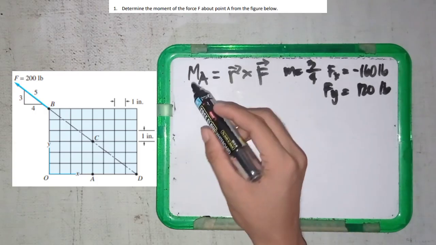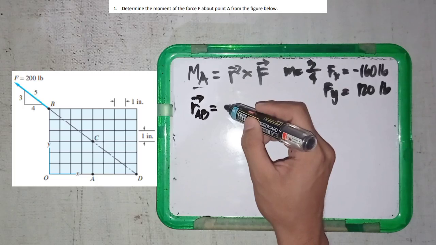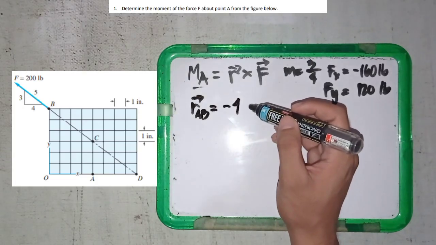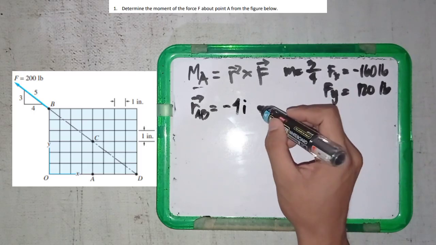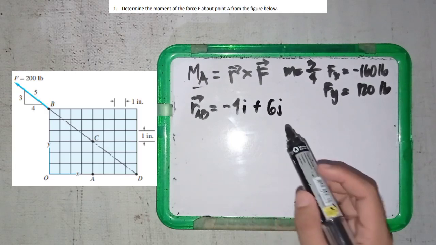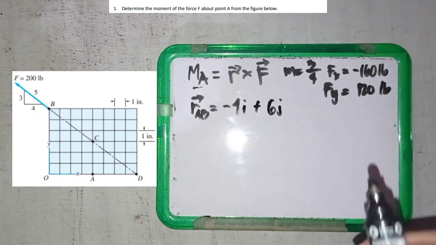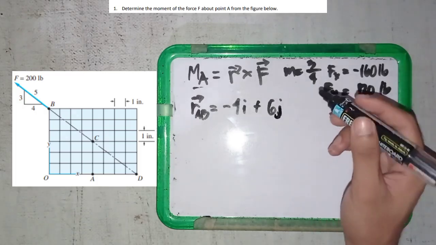So our r here is from point A to point B, negative 4. Why negative 4? Because it is going to the left from the x-axis. So negative 4i hat plus 6j hat. Why 6j hat? Because it is going up in the positive direction.